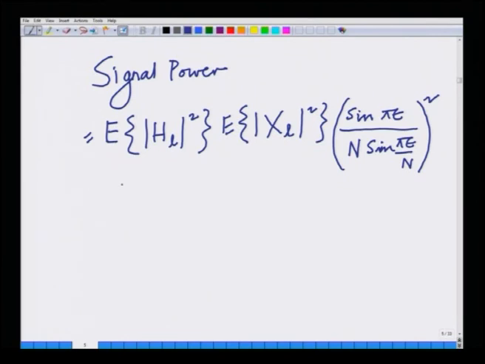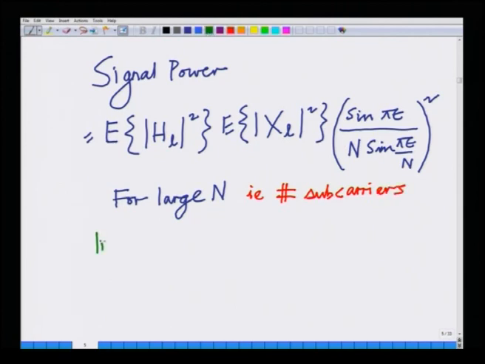So, for large n, that is a large number of subcarriers, we have the limit n tending to infinity of sin pi epsilon over n.